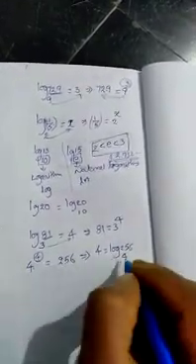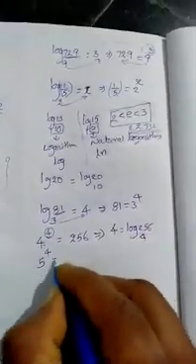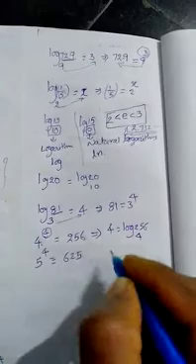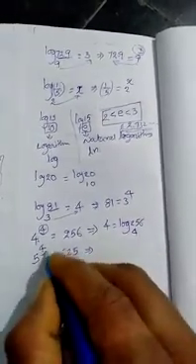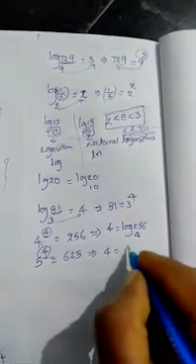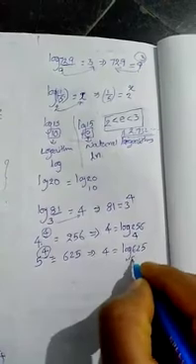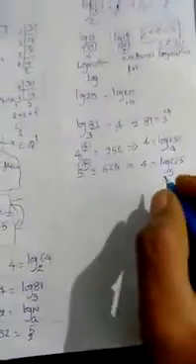Always this base will come as the base. To make it very clear, 5 power 4 equals 625, then 4 equals log 625 base 5, because logarithms are useful to find exponents. So this is about the basic concepts of logarithms.